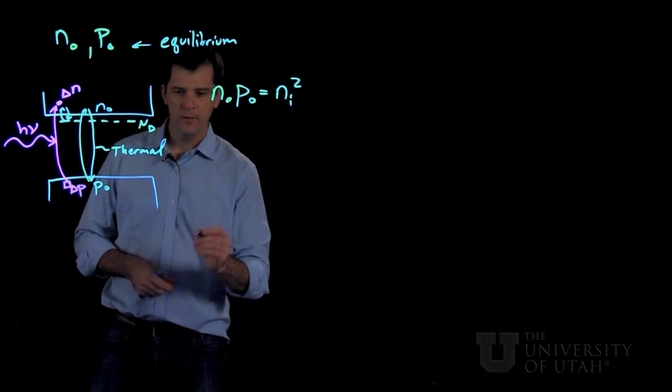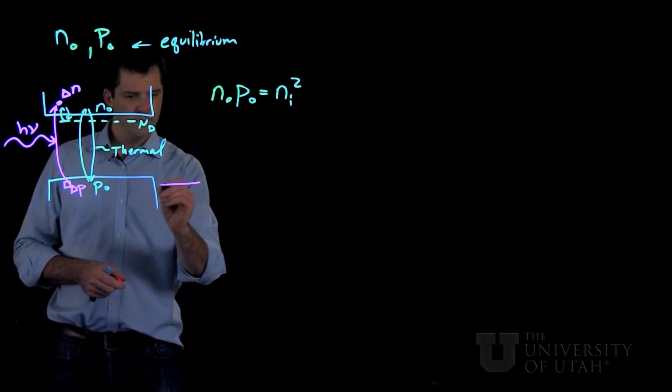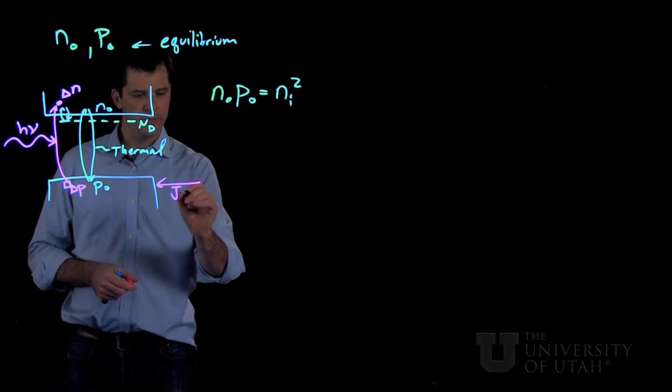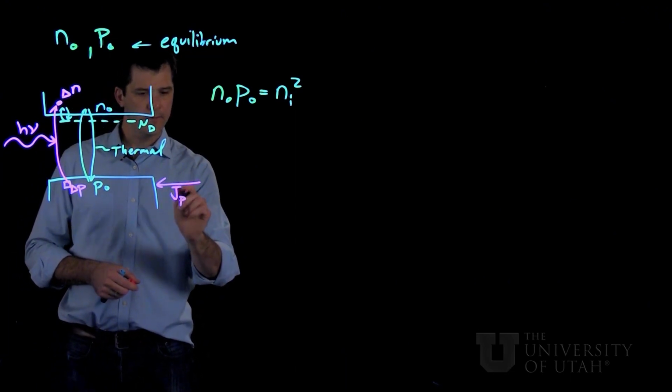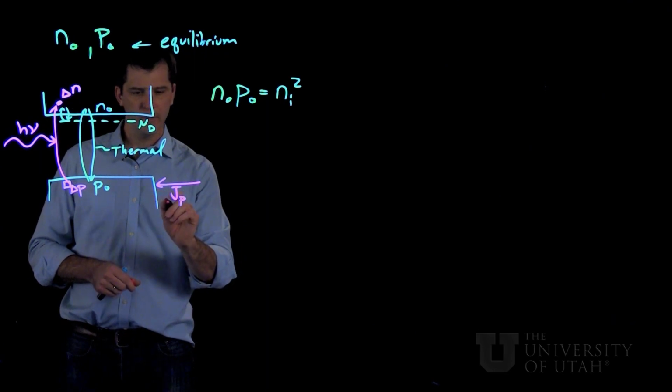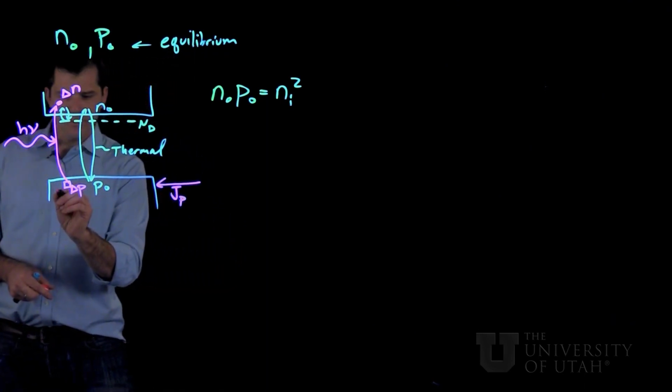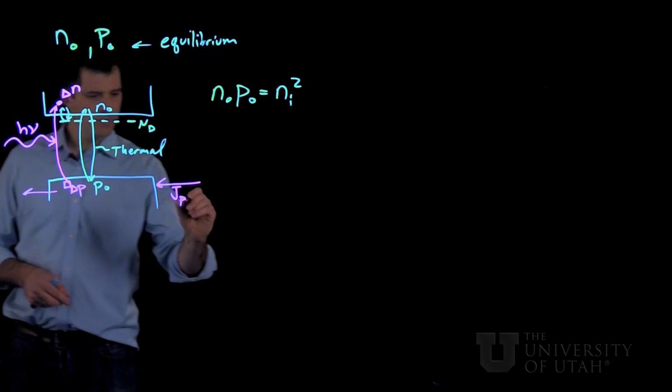Another way we can add excess carriers is, let's imagine we have some current flowing, and we're going to say this is the current carried by holes. And on the other side here, we'll call this in.